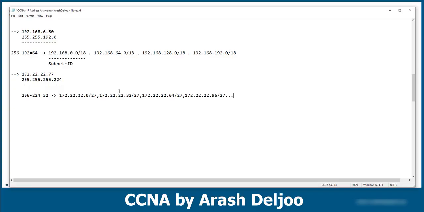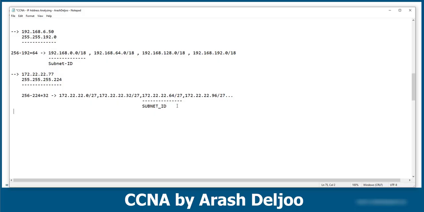As you can see, our IP address 172.22.22.77 is residing in this network. This is the subnet ID. I think this is the easiest method for finding the subnet ID, because when you find the subnet ID, you can easily find the broadcast address, since the broadcast address is one number less than the next network address.